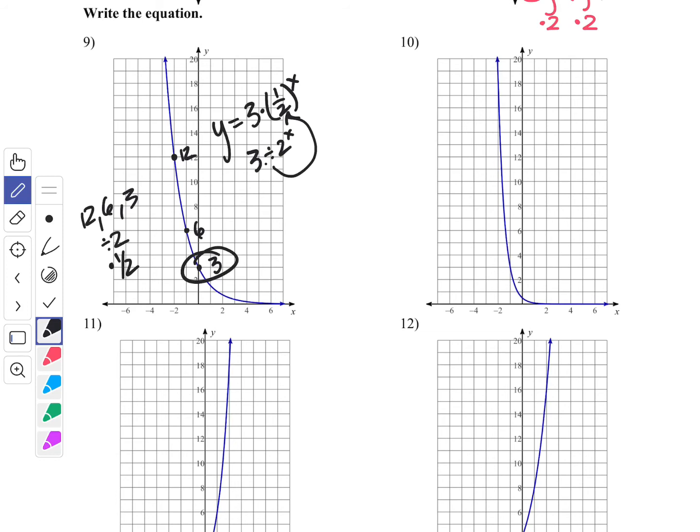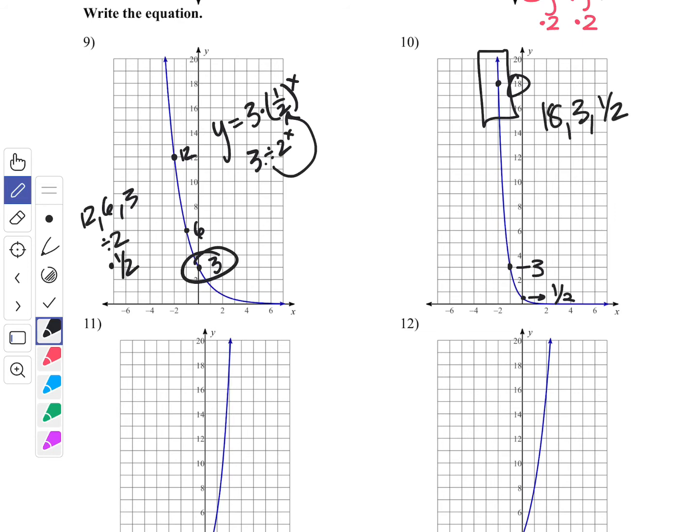For number 10, this one's kind of harder to see at times, so we've got a 3 right here. And it's really hard to tell where the rest are, isn't it? But I'm thinking it was up here at 18. And sometimes our graphs are hard to tell right there. So if you got a different number, I apologize, but I think this here should have been 3. I believe at 18 is where we would have been. And this here then would have been at 1/2. Okay, so that was probably a tough problem to deal with.